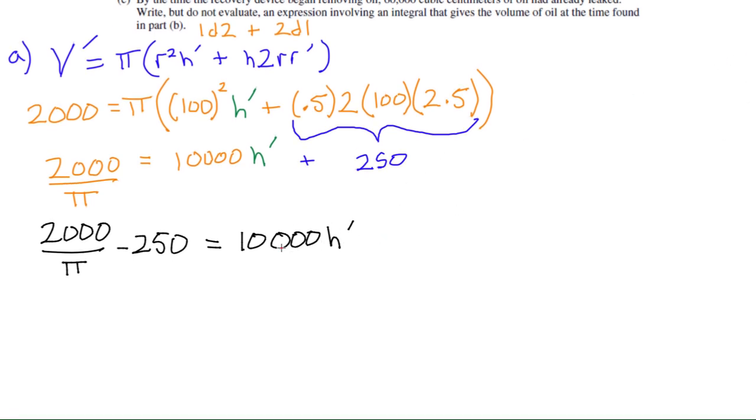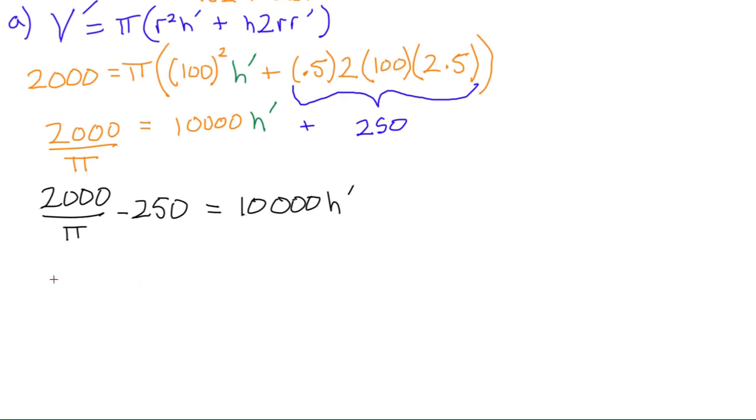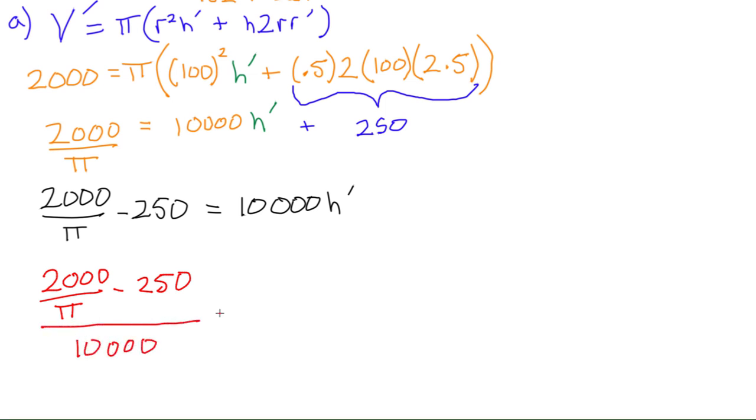How do I get h prime by itself? What do I have to do with this 10,000? Let's divide both sides by 10,000, and I get my final answer as 2,000 divided by pi minus 250, all of that divided by 10,000, is equal to h prime.